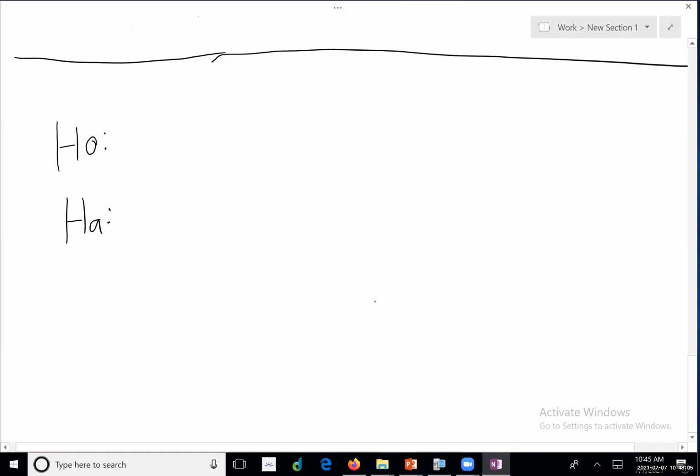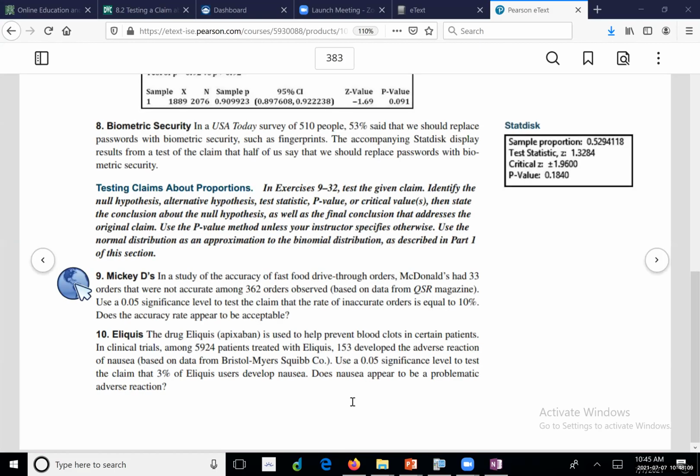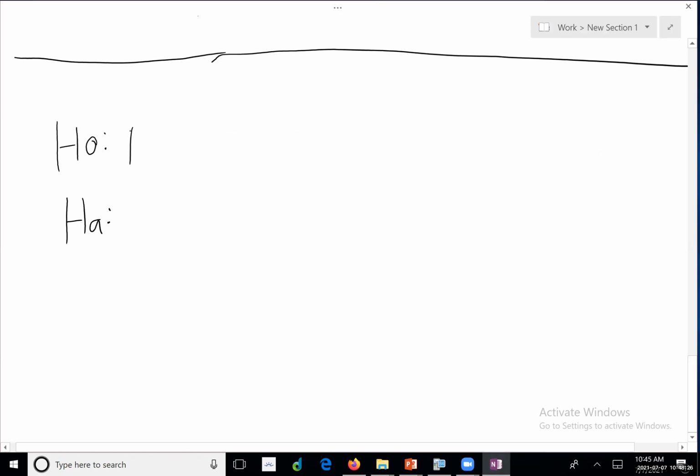In the question, the last sentence that helps me to form the null and alternative says test the claim that 3% of the users develop nausea. So that means exactly 3%. It doesn't say less than 3%. It doesn't say more than 3%. It's telling you the equality.